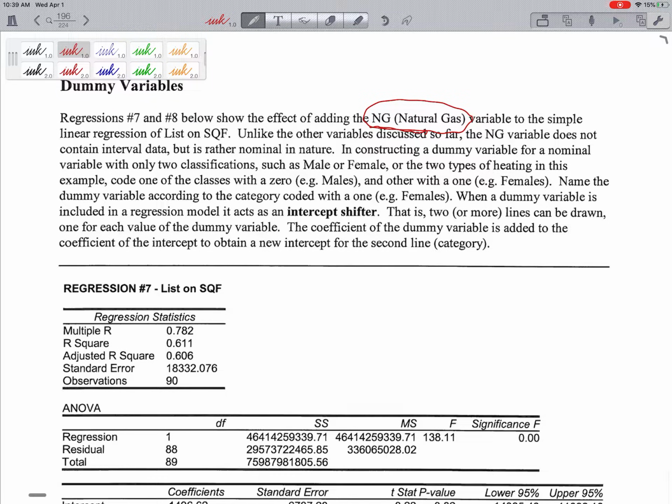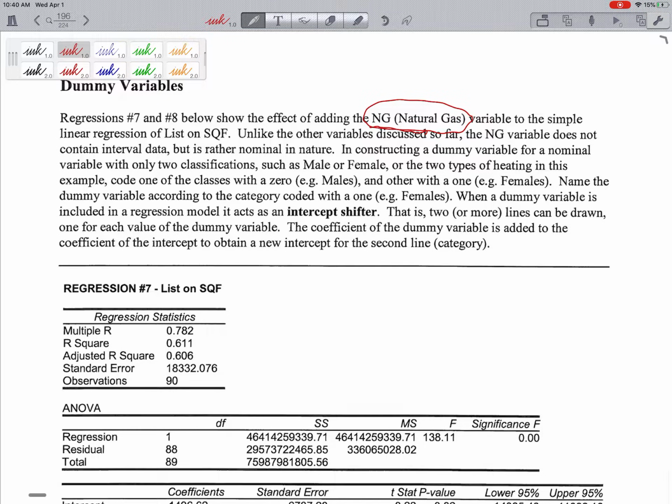Now, if the original variable was the type of gas, and we had natural gas or not, what we always do in dealing with dummy variables is create a new variable named after one of the categories. So in this particular case, we're going to call it NG for natural gas, and a house that is heated by natural gas would have a 1, and if it's not heated by natural gas, it would have a 0.